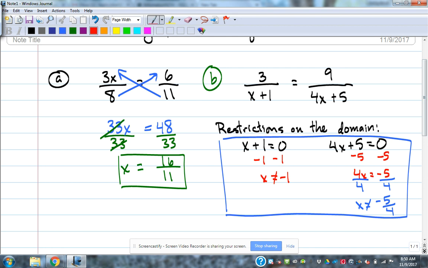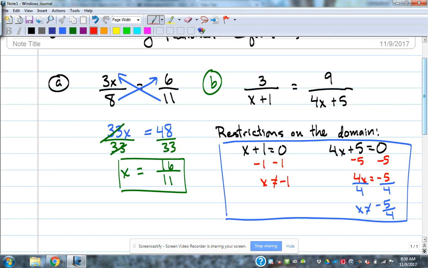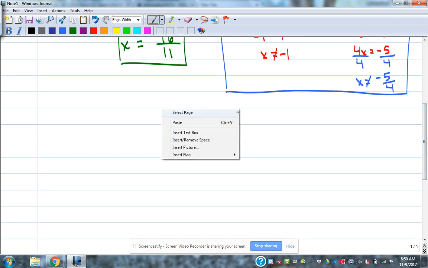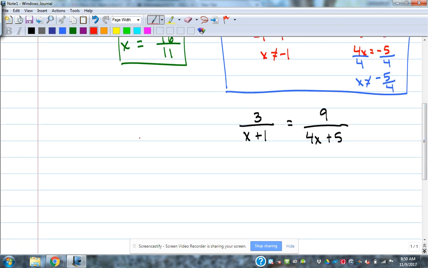So let's go back to the problem and let's solve it. I'll copy it down here so I don't have to scroll back and forth. Is it a proportion? Yeah, because it's one fraction equal to one fraction. Okay. How do we solve proportions?